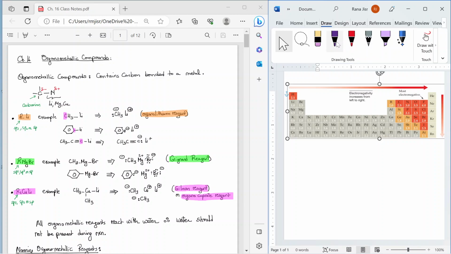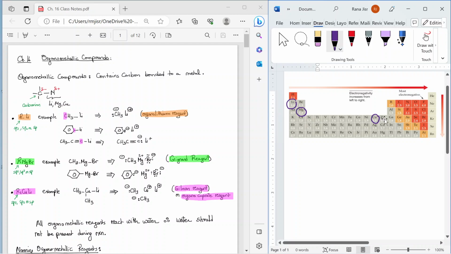In there, the types of metals that we are going to work with are lithium, copper, and magnesium. Those metals are going to be bonded to a carbon.